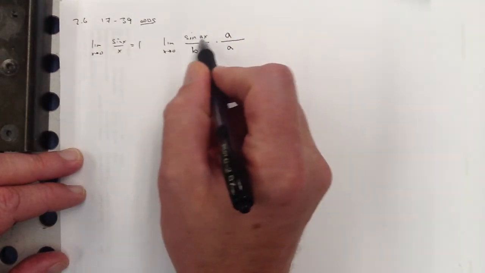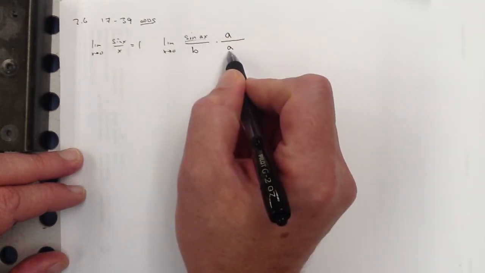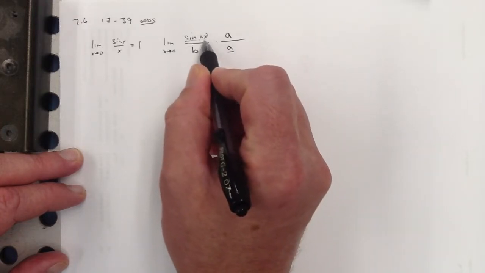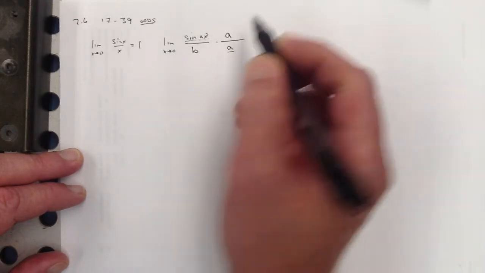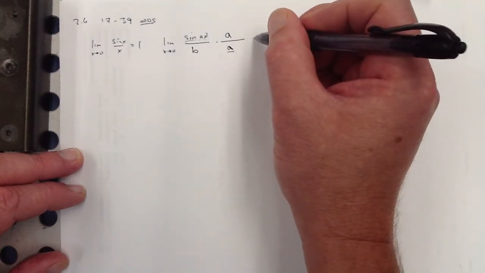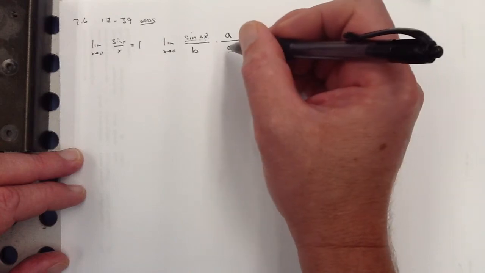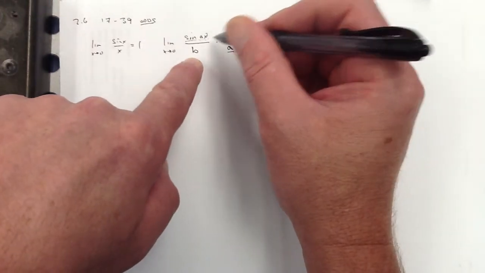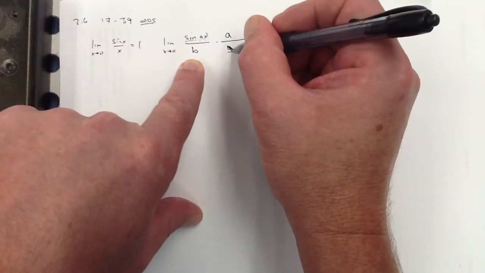And then I rearrange things. Sine ax over a, that's just 1, because these things are going to be marching over x, sorry. You do an a over a, and what am I messing up here? I want that to be an x on the bottom.